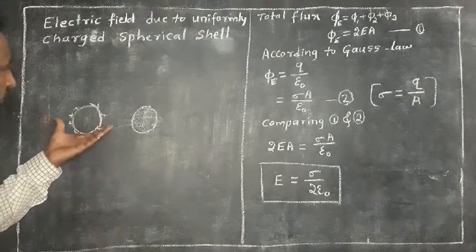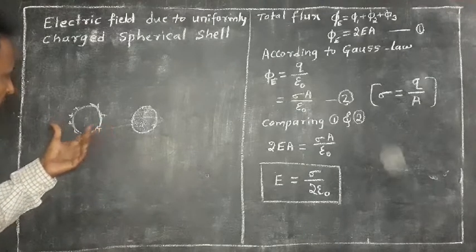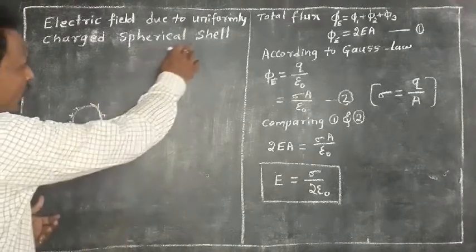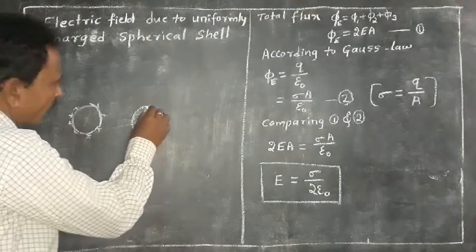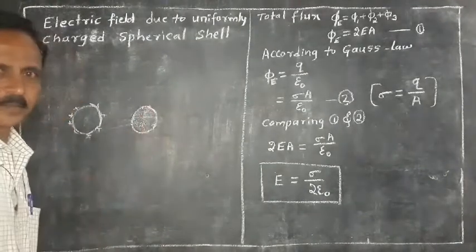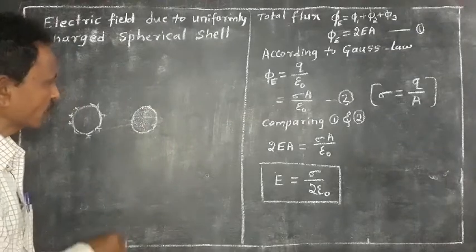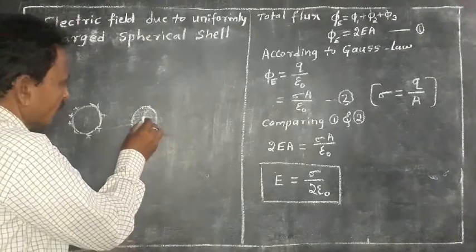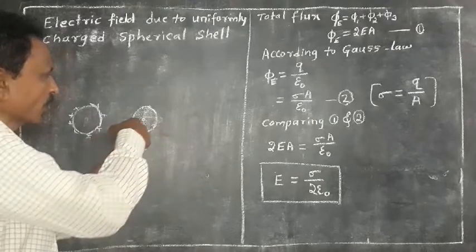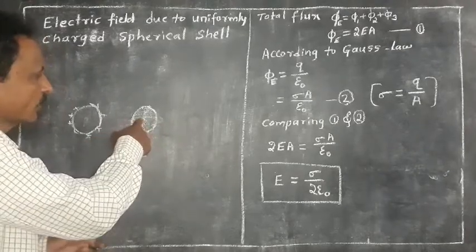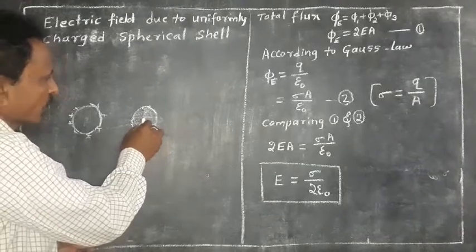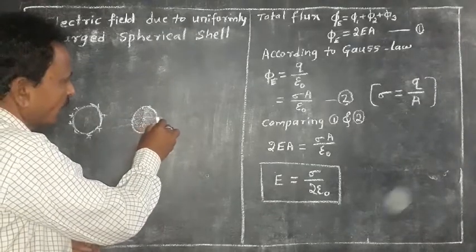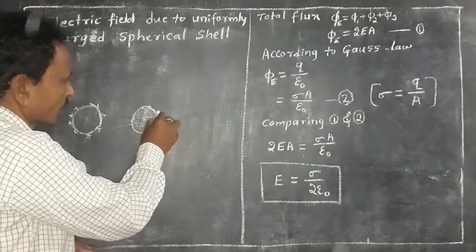a spherical conductor or spherical shell. And in case of solid sphere, if charge is given or placed inside the solid, due to the conducting property, the charges conduct and they reside on the surface.